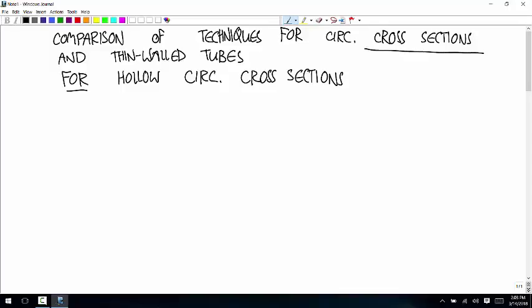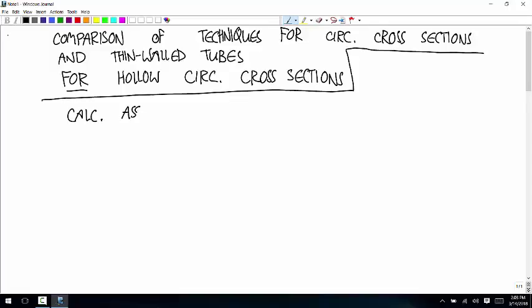So we'll think of the calculation, assuming a circular cross section, as the one that we're going to treat as the true answer.